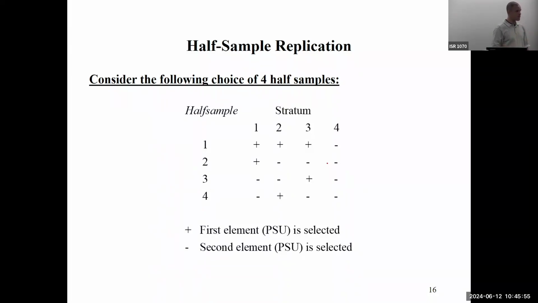And in BRR, how many? Half. That's why it's called half sample replication, right? Because remember, BRR requires 2 clusters per stratum, right? So if we're keeping only one cluster in each of the different strata, we're deleting half of the sample.